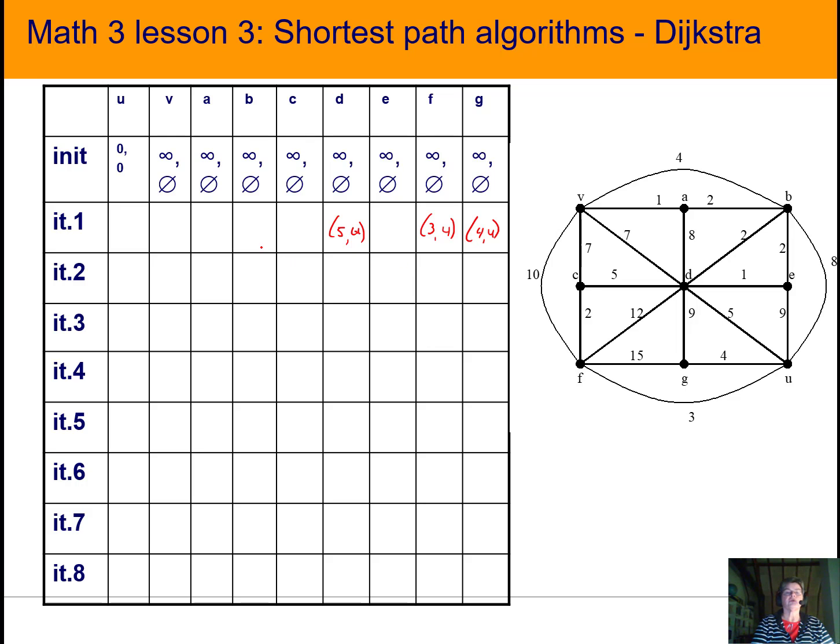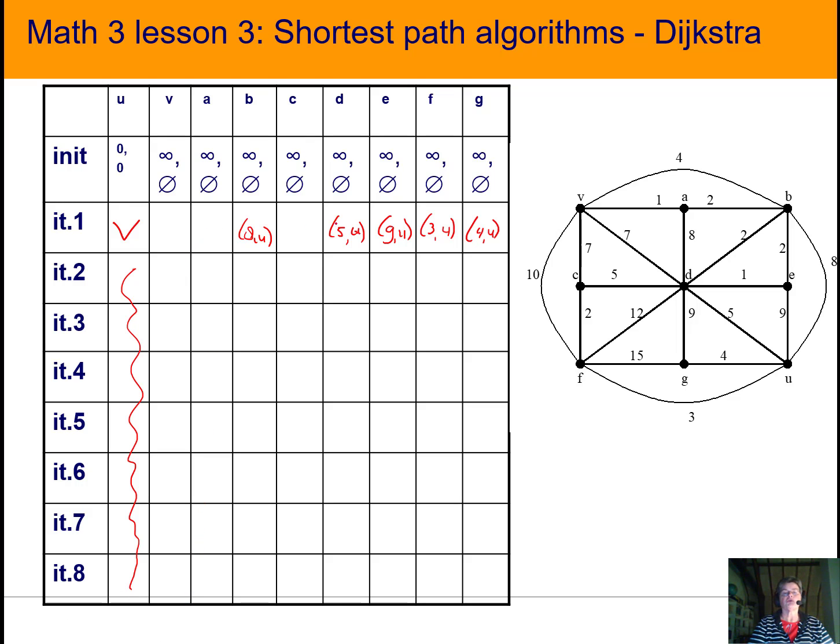We go to E with 9. And we can go to B with 8. The other nodes we can't reach from U. And then this node is done, so we don't need to worry about it anymore.